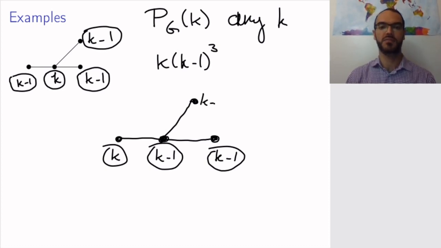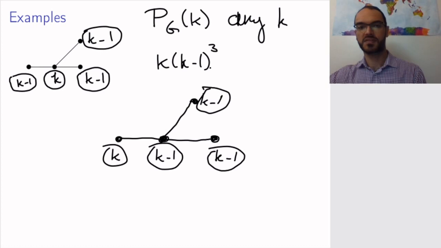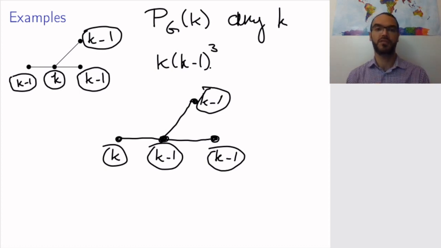So I have k-1 colors left. And again, I get k times (k-1) to the power 3. So the point is, once you have picked a vertex, the real choices only depend on what vertices are adjacent to it. So this was k times (k-1) to the power 3.